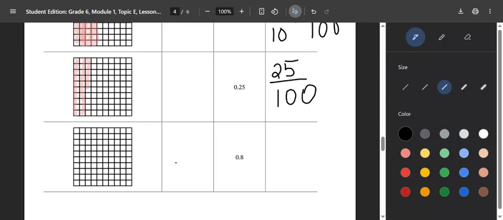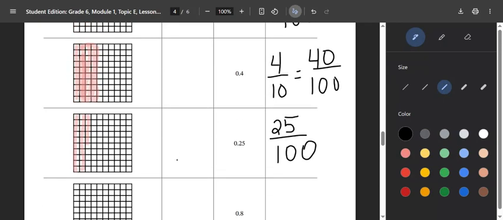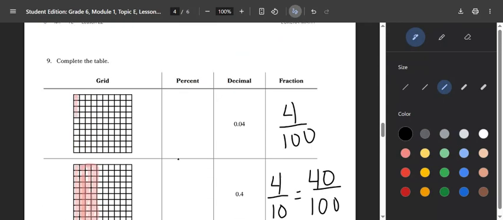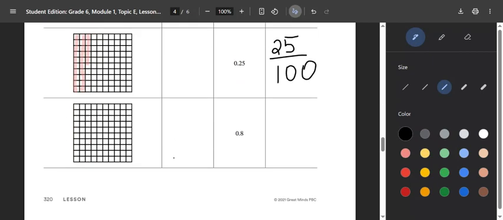All right, so then the next one, and I'm over here forgetting to write the percent, so I'm going to go back and write the percents in a minute. This decimal is 8 tenths, so written as a fraction, that's 8 out of 10, which is equal to 80 out of 100.